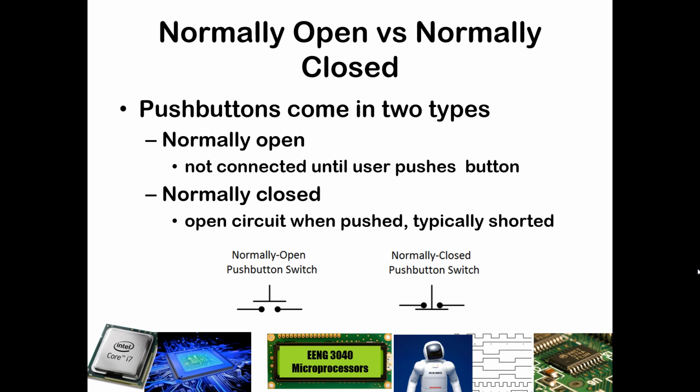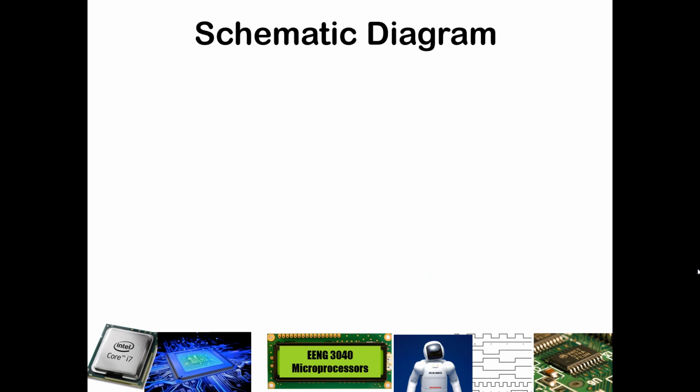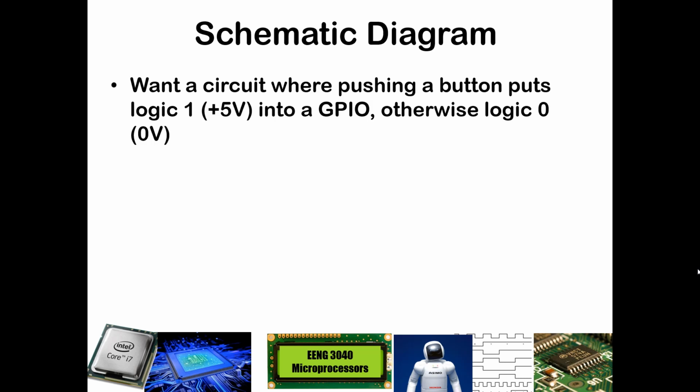So one of the first things to understand if you're choosing a push button is whether you are choosing one that is normally open or normally closed, as that will determine how you interface with it a little bit differently. Let's look at a schematic of how these push button switches can be connected.